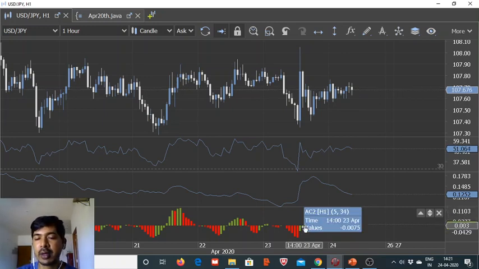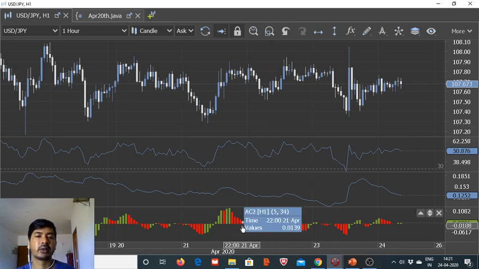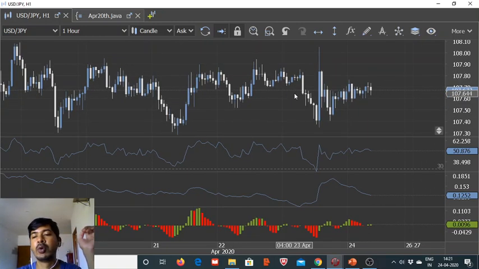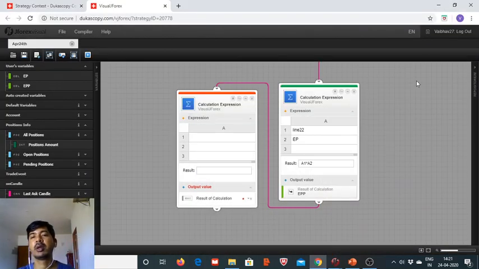We will be placing a buy order, and if the conditions turn bearish when the RSI is also falling and below 50, we will be looking at placing a sell order, of course, and for that we need to do a bit of optimization as well, and that's what we are doing.